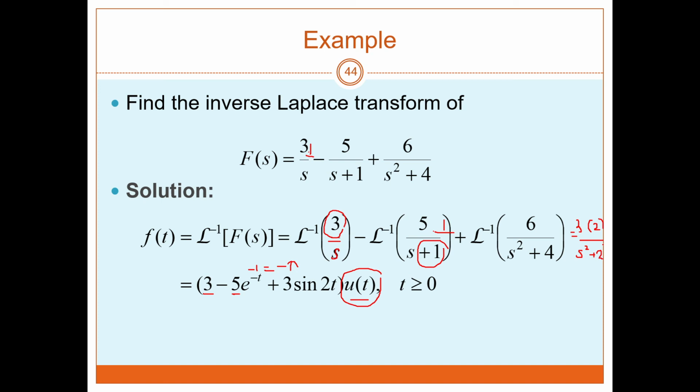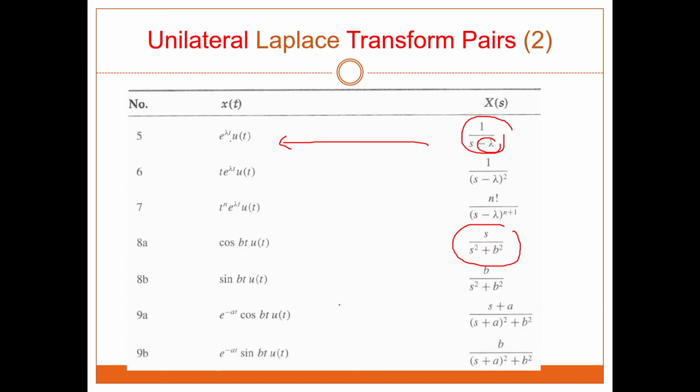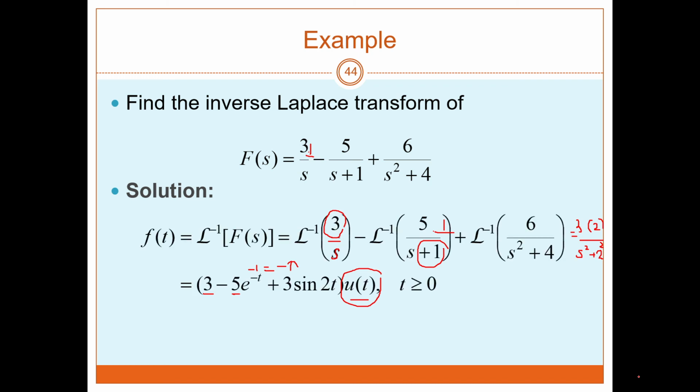Now it looks like the table, where b is 2. It looks alike with the second entry, because the function is 2 divided by s squared plus 2 squared. So b is 2, so sine 2t, and 3 is the factor from here.